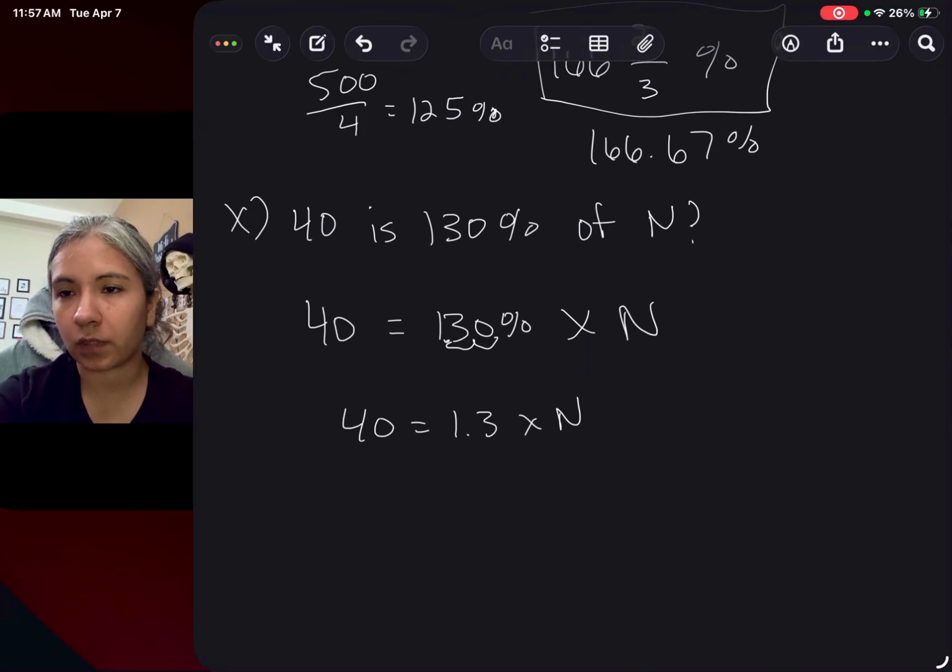So now let's divide both sides by that to balance the equation.